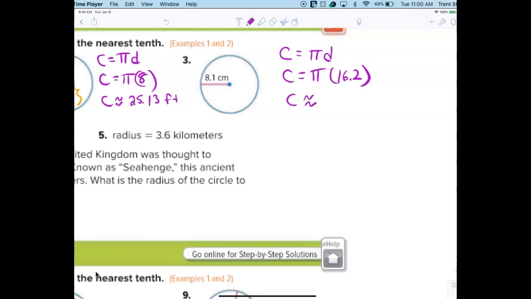Notice I put squiggly lines because they're approximately. 50.89, and then centimeters. Anybody got a problem? You have to squiggly lines. No, they're not equal. I don't want you to put equal. I want you to put squiggly lines.